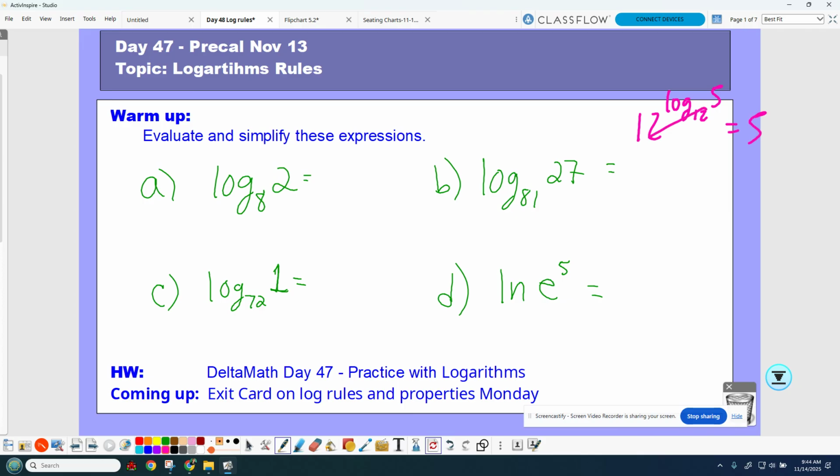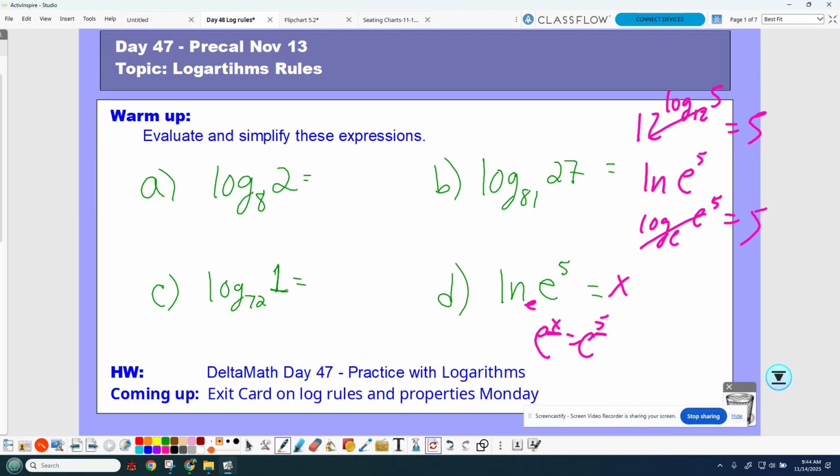Those guys canceled and it's 5. And ln of e to the 5, well that's log base e to the 5. Dylan just said, don't we know that that's just going to be that? Yes, you do. But Dylan, if not everybody sees that, if you need to translate and be like, oh, that x is going to equal that, just to give you a strategy.